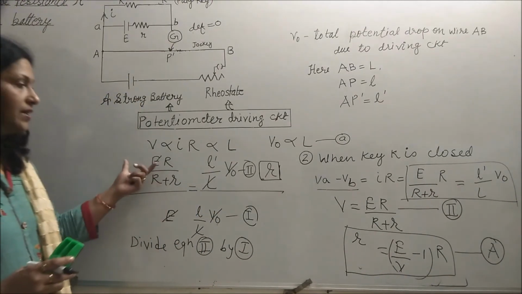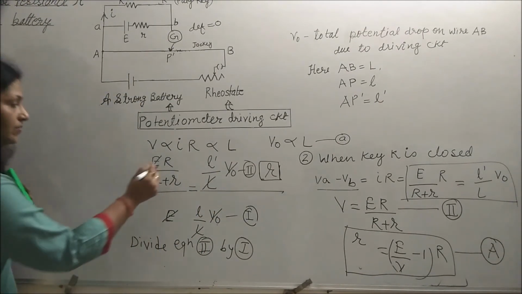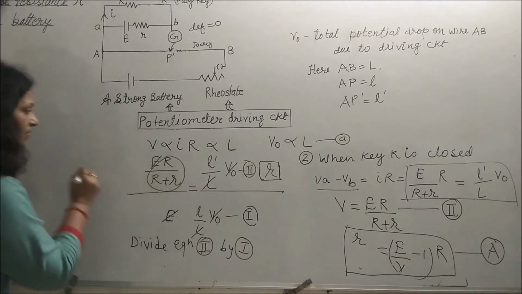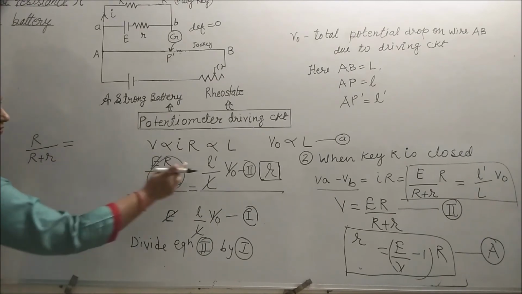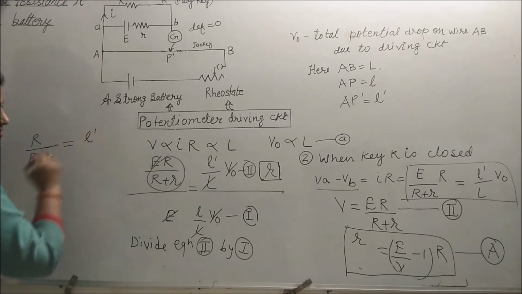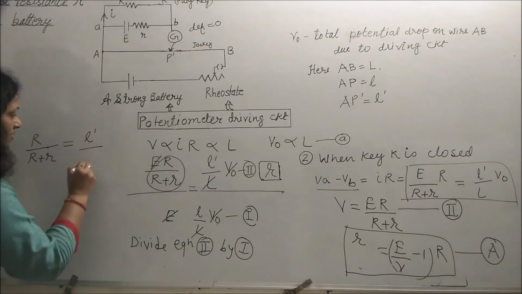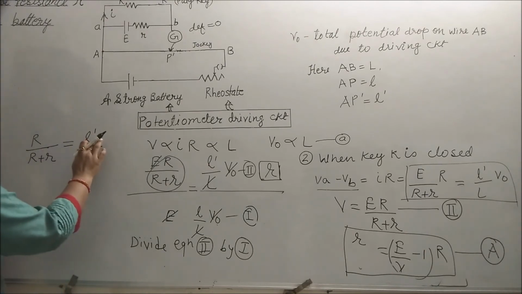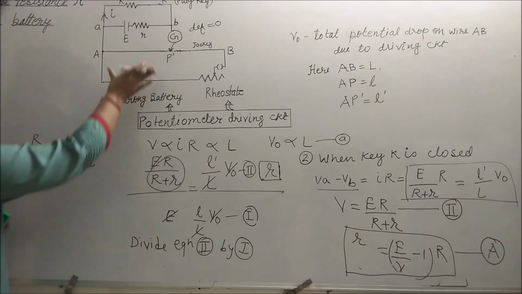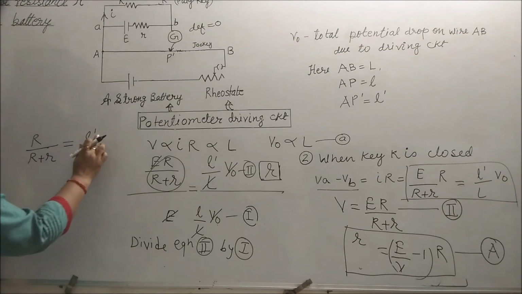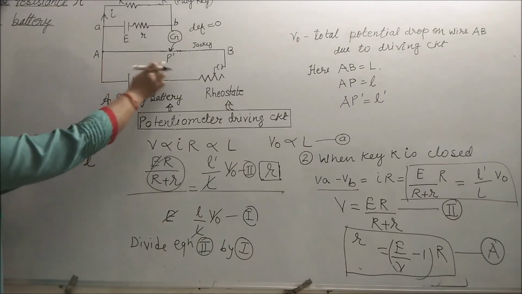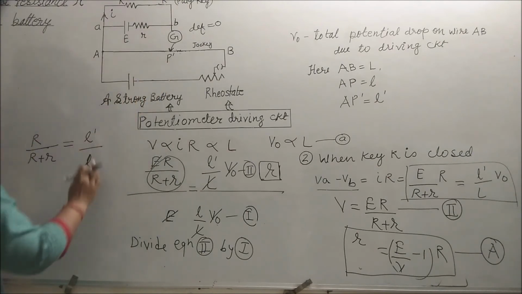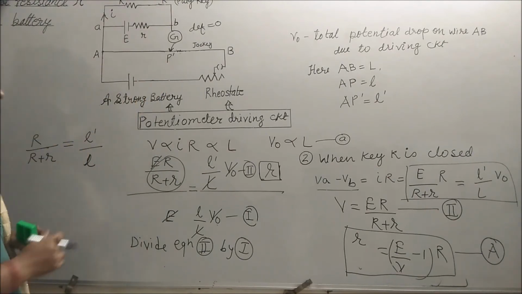So after dividing equation 2 by 1, the terms left are R divided by R plus r, and on the right hand side L dash divided by L. Okay, L dash is the length of the wire when the switch is closed, and L is the length of the metallic wire or the point AP when the switch is opened.